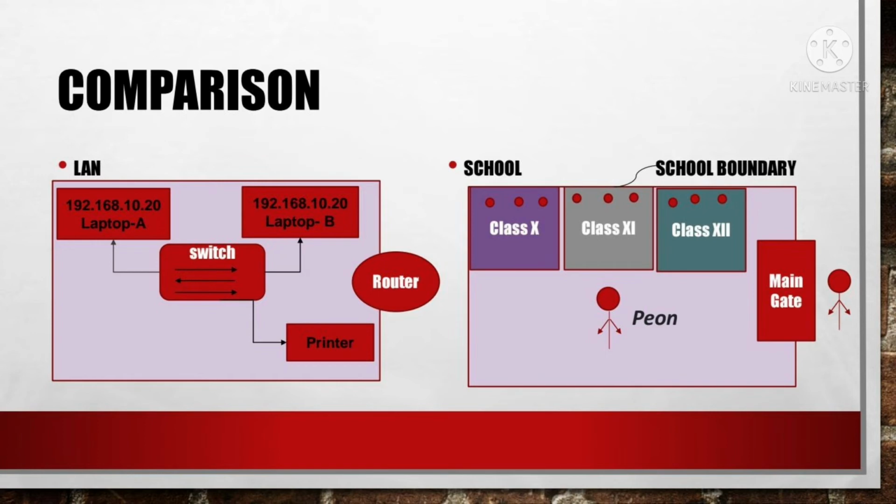Now, after understanding all these, a question arises here. How will machine A understand whether machine B is sitting in the local area network or outside of it? So this is done by another concept which is known as subnet. A subnet is a network within a network.